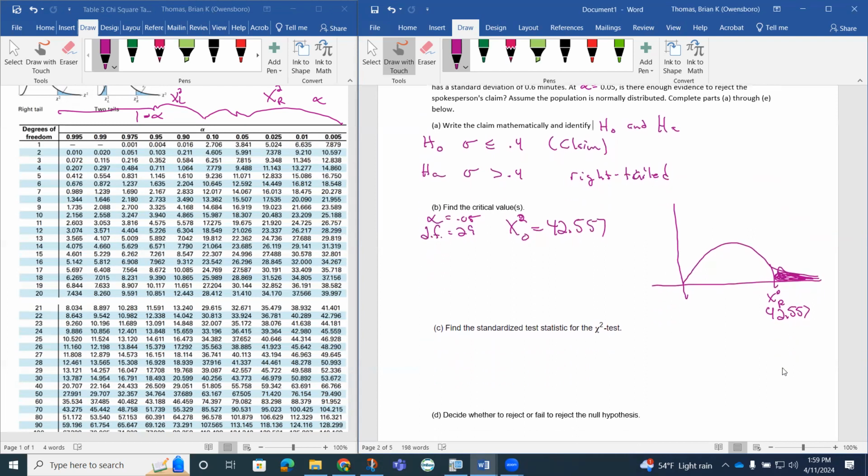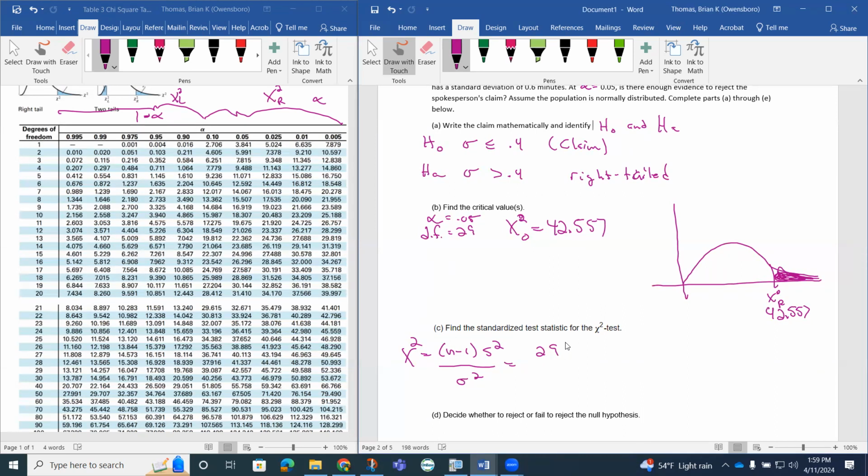So to do the standardized test statistic, chi-squared, we have to know the degrees of freedom. We have to know the sample variance divided by the population variance. So the degrees of freedom was 29.